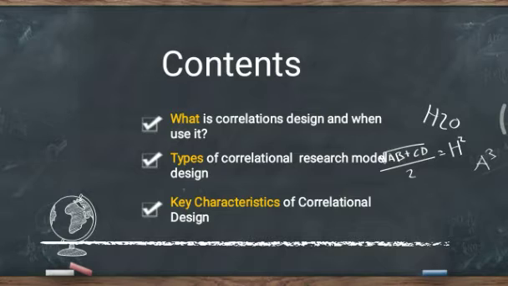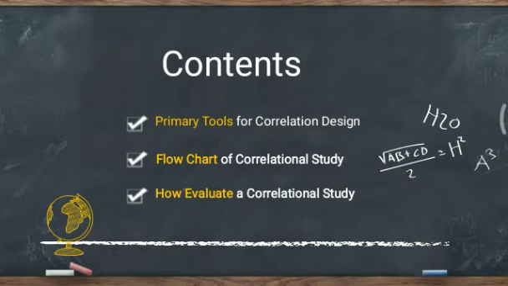The first content is what is correlational design and when to use it, and the second content is types of correlational research model design, and the third content is key characteristics of correlational design, and the fourth content is primary tools for correlational design, and the fifth content is flowchart of correlational study, and the last content is how to evaluate a correlational study.